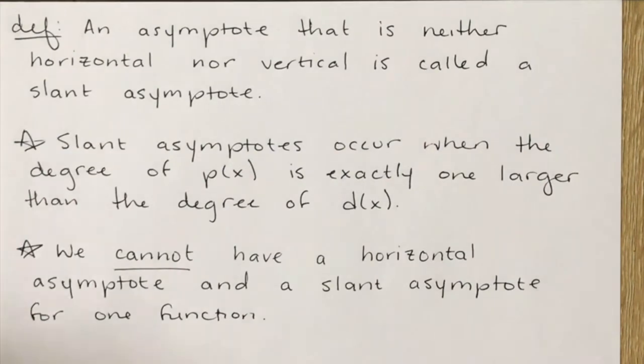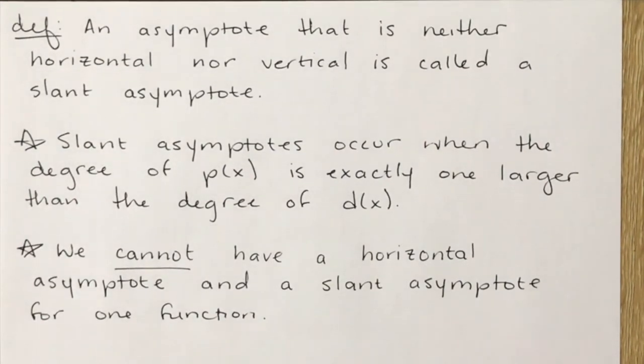Either, as we move off the sides of the graph, the function is approaching a slanted line, or it's approaching a given value, a perfectly horizontal line. It can't be approaching both. So we can only have one, and it will be whatever you get when you do that quotient.